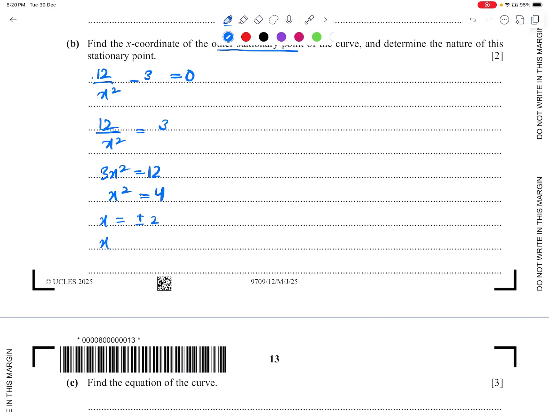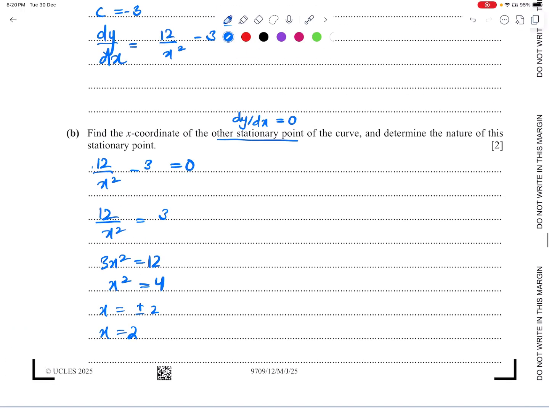And in this case, we're going to take it positive 2 because we only want one other stationary point.